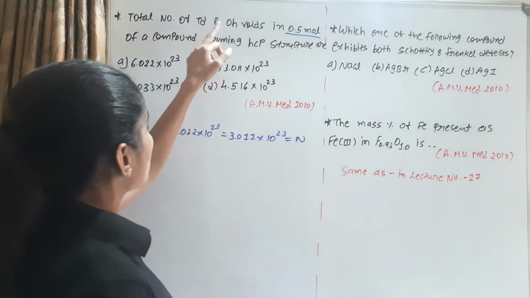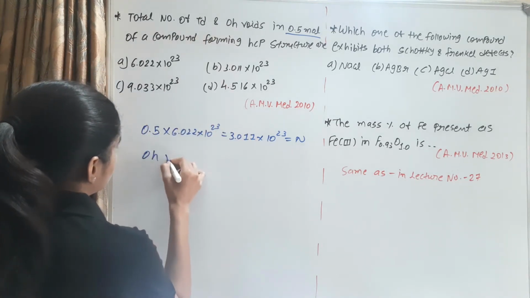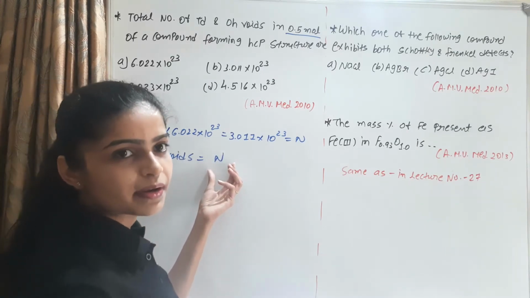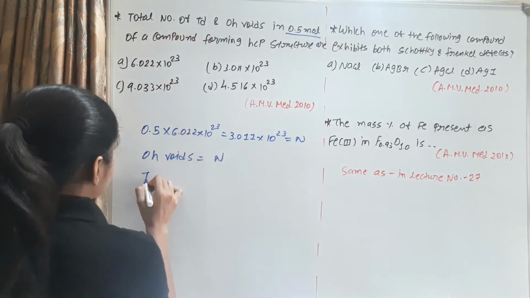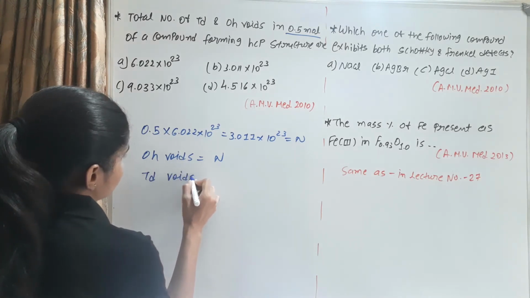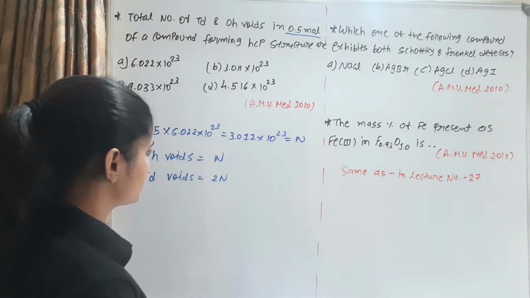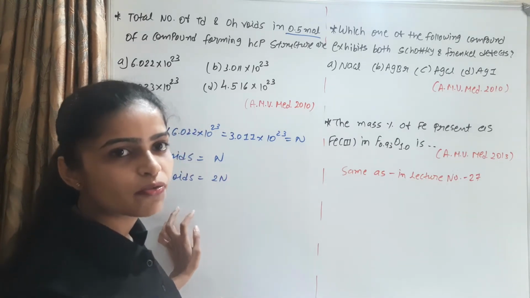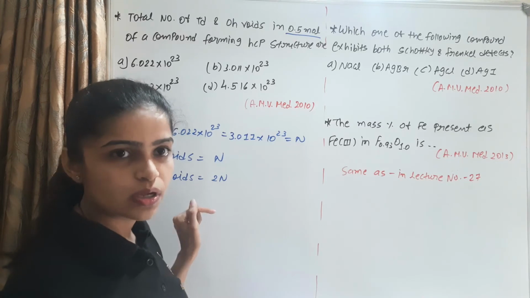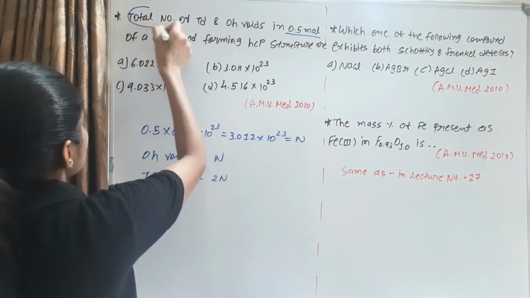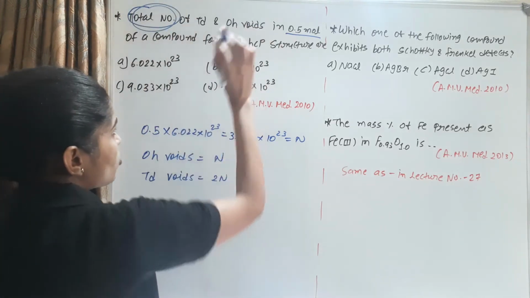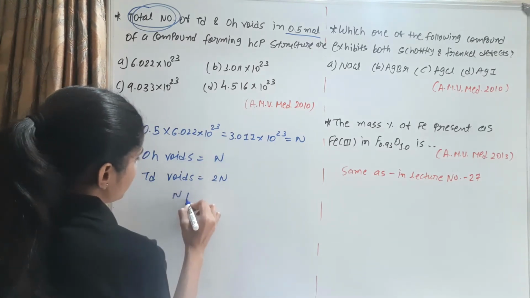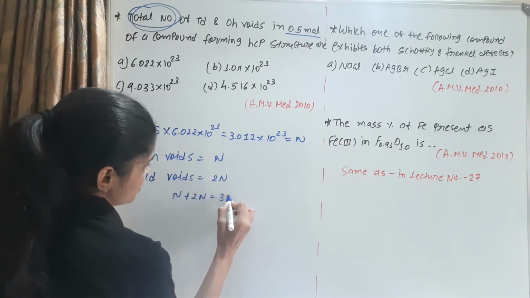We know that, for example, if the number of octahedral voids is n, then the number of tetrahedral voids is twice the octahedral voids. So the total number of octahedral and tetrahedral voids is n plus 2n, equal to 3n.